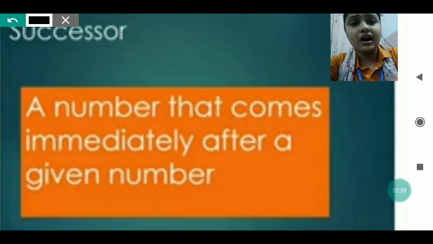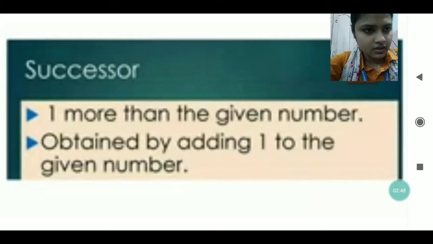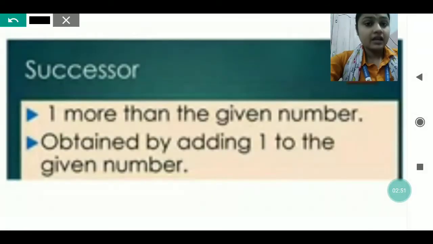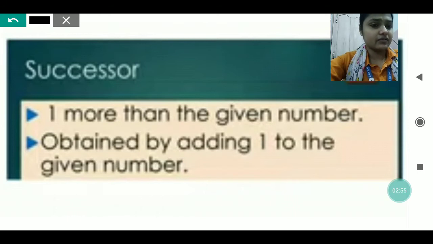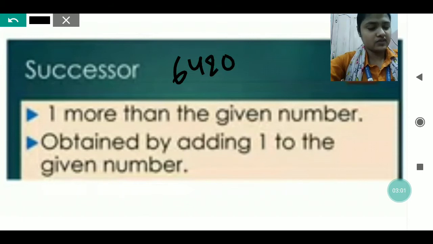We can calculate the successor of a given number in the easiest way, just by adding 1 in the last. It is one more than the given number, obtained by adding 1 to the given number. Suppose 6420 is there. Don't get confused with this number.